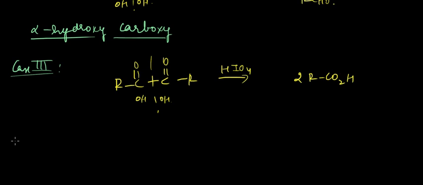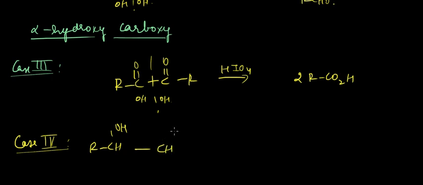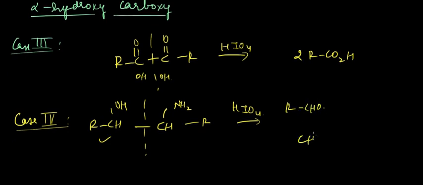Okay, so what happens in case 4? In case 4 we have something like RCHOH here and CHNH2 here. So what will happen here is, again we'll get breaking of this bond in presence of HIO4, and here we will get RCHO, and here we'll get something like OHNH2 and R here.